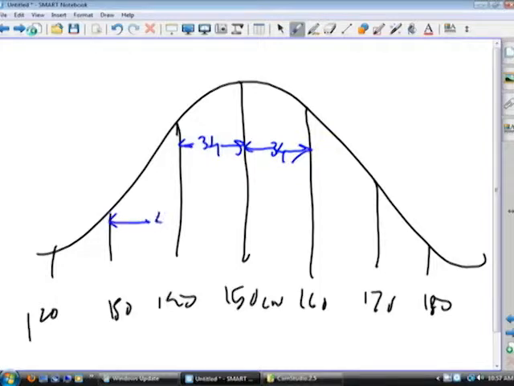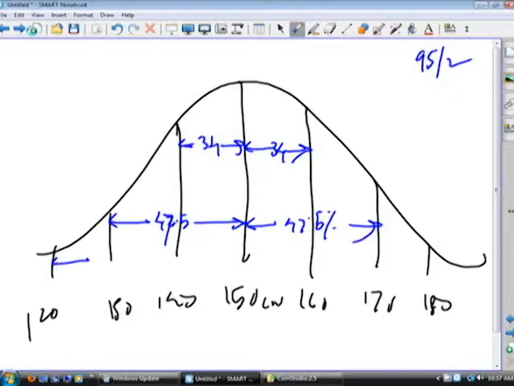This is 47.5%. As we know, the curve is symmetric bilaterally, so the two standard deviations from the mean cover 95%, and 95 divided by 2 is 47.5%. So it covers 47.5% on either side, and so it covers 99.7% totally for the third standard deviations.